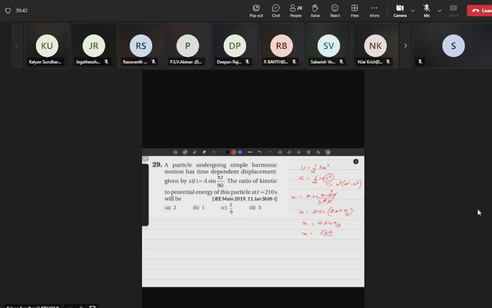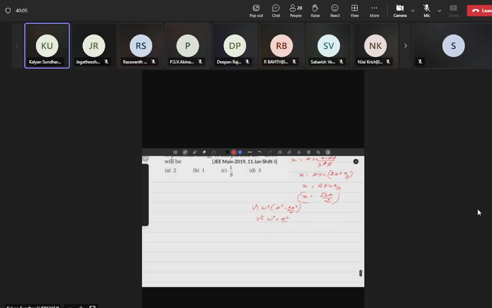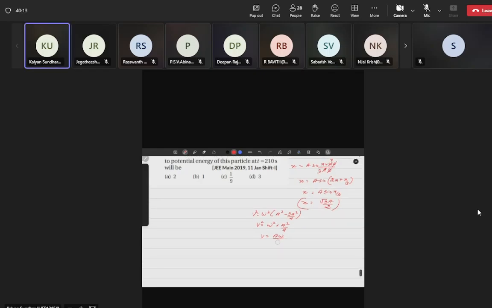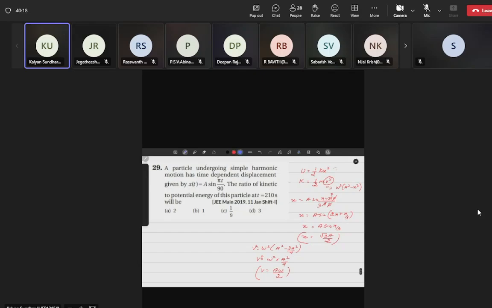And the kinetic energy, velocity will be equal to... So this is your velocity, this is your displacement, and substitute it in this equation.